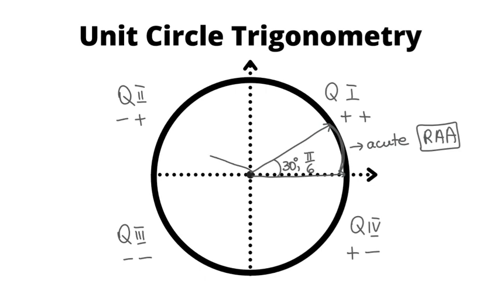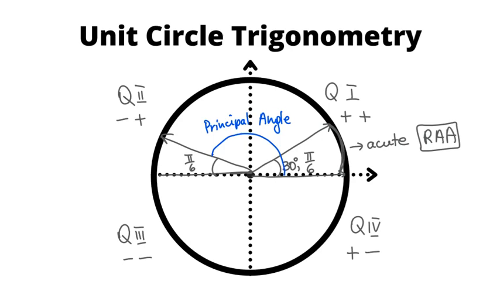For example, I can translate my 30-degree angle or pi over 6 angle here and form it based on the horizontal axis here. So this is also pi over 6. But because I have my principal angle coming from the positive x-axis, the principal angle will be this big one. So we call it principal angle. And the ratio of the principal angle will be the same numerical value as the ratio of the related acute angle.